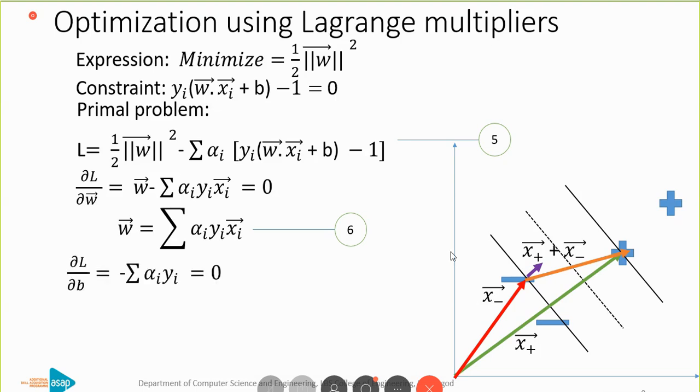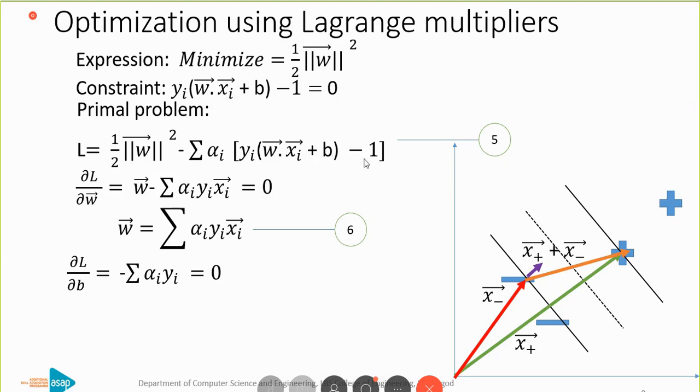Now I'm going to take the partial derivative of L with respect to b. When I take the partial derivative, this term will become 0. Minus alpha i yi w xi, this term will also be 0. Minus alpha i yi will be in the derivative, so you'll get minus alpha i yi.